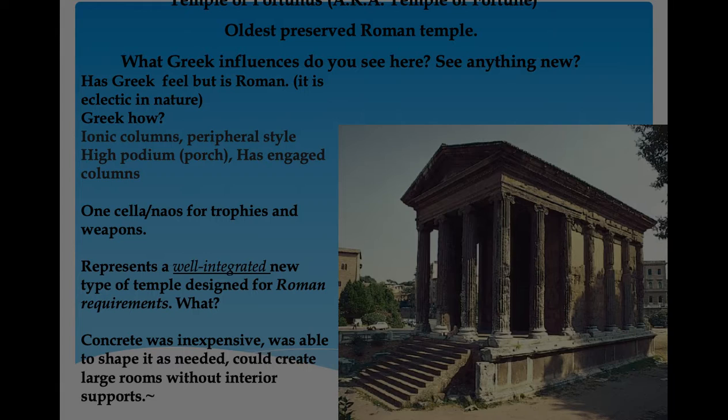In Greek, usually columns would be separate from the structure and freestanding and help with support. But in Roman, these are strictly decorative. You don't really need these for support, and they are attached to the building rather than separated. And then concrete was inexpensive and you were able to shape it how you could and create large rooms without interior supports. I have a little bit of a video on this temple.